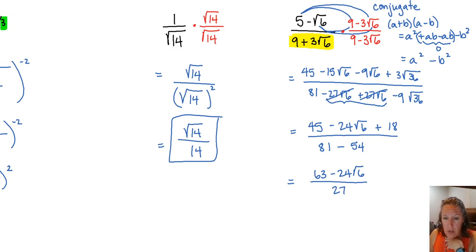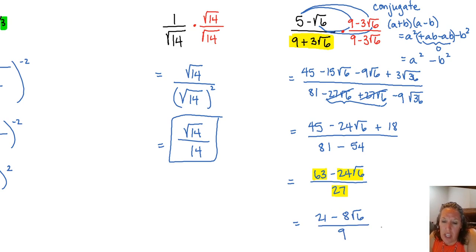Let's see, 3 goes into all of them. 9 does not, so we're going to stop there and divide each of those 3 terms by 3. When we divide everything by 3, 63 divided by 3 is 21. 24 square roots of 6 divided by 3 is 8 square root of 6. And then 27 divided by 3 is 9.